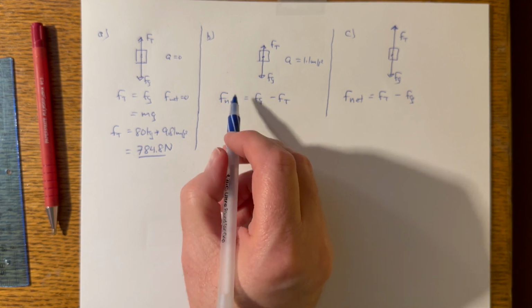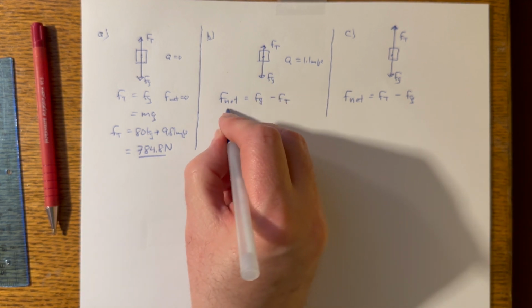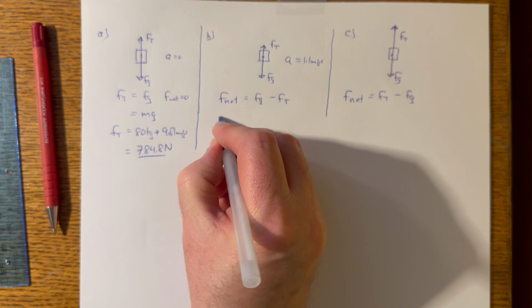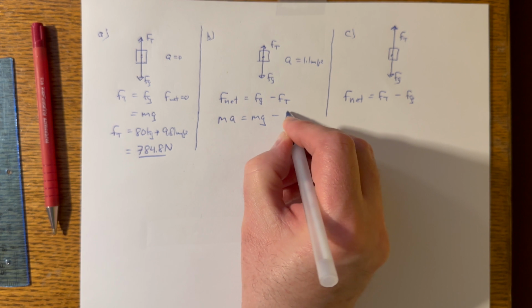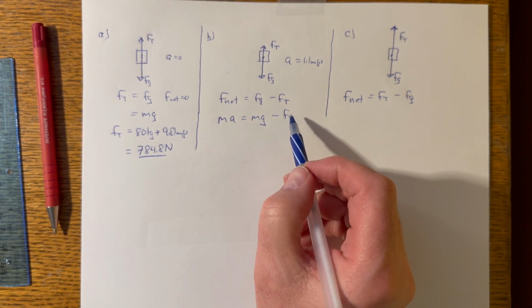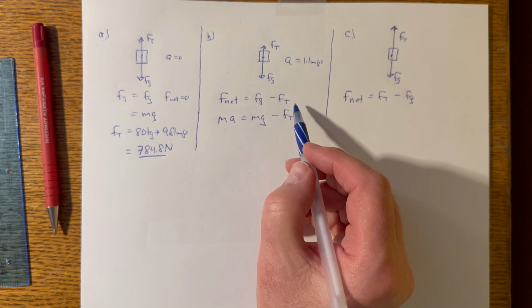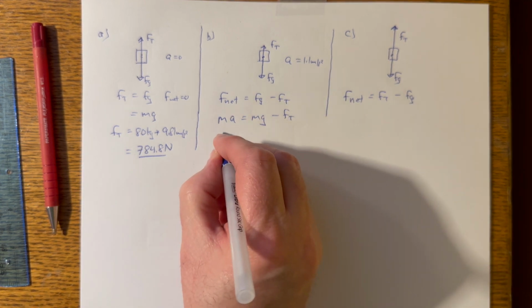Now here, the net force is the larger force minus the smaller force, where the net force is always, of course, m times a, the force due to gravity is m times g, and the tension we'll call the apparent weight. And of course, when you start going down in an elevator, you should feel a little bit lighter. So I hope this number is going to be a bit smaller than that one. Let's find out.